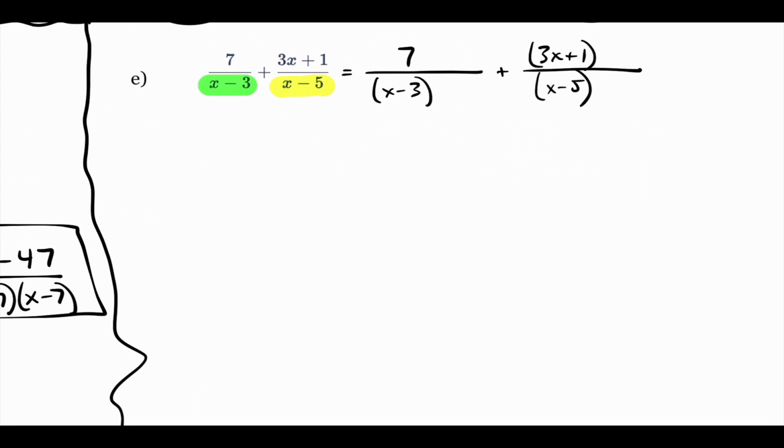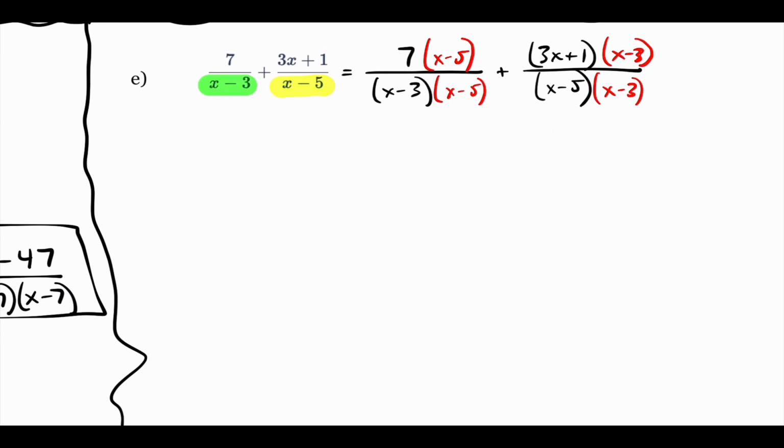Step 1 done. Step 1 wasn't very bad because there wasn't anything to do. They were already factored. Step 2, what is missing or needed? Well, the first guy doesn't have an x minus 5. The second guy doesn't have an x minus 3.